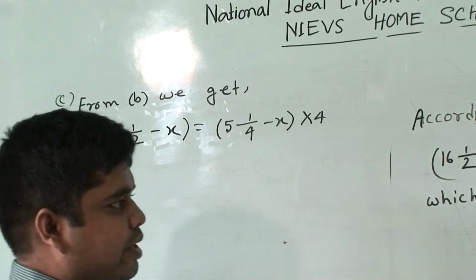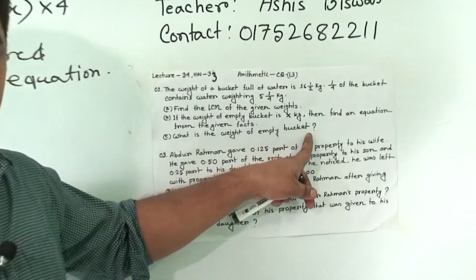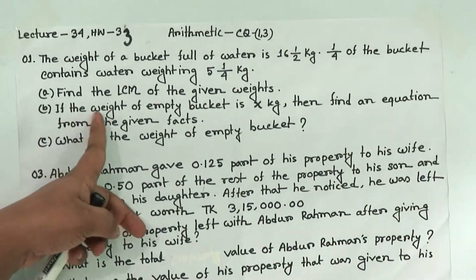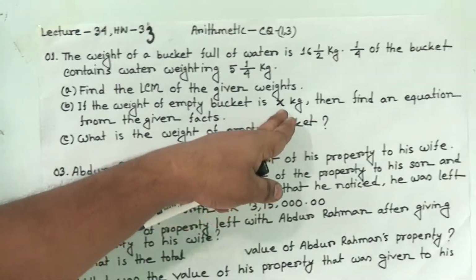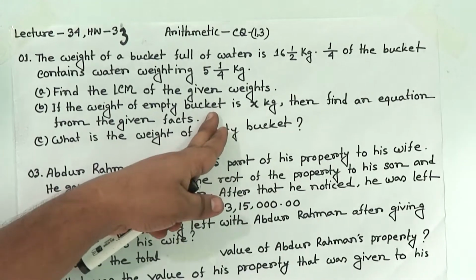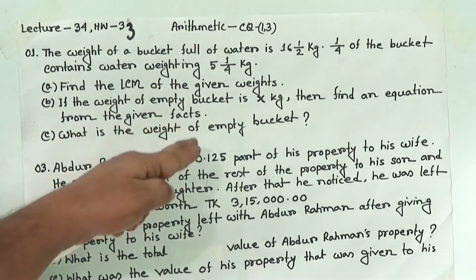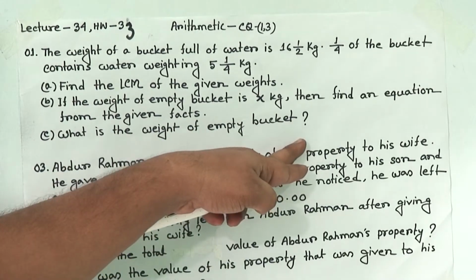Dear student, notice we need to find out the weight of the empty bucket, but here you notice question number B, the weight of the empty bucket is x kg. So by using this x kg we get an equation. So if I find out the value of x, then that value of x will be the weight of the empty bucket.